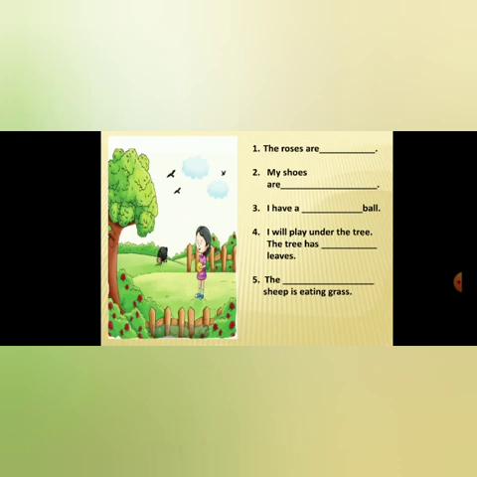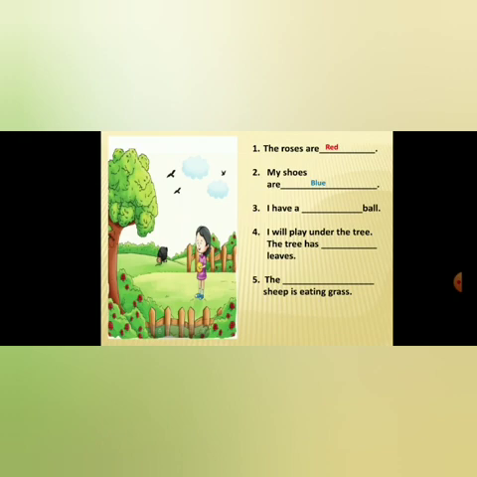So the first is, the roses are. What is the color of the roses? Red. So we will write red. Second, my shoes are dash. What is the color of that girl's shoes? That is blue. Yes. The third is, I have a dash ball. What is the color of the ball which is being held by that girl?